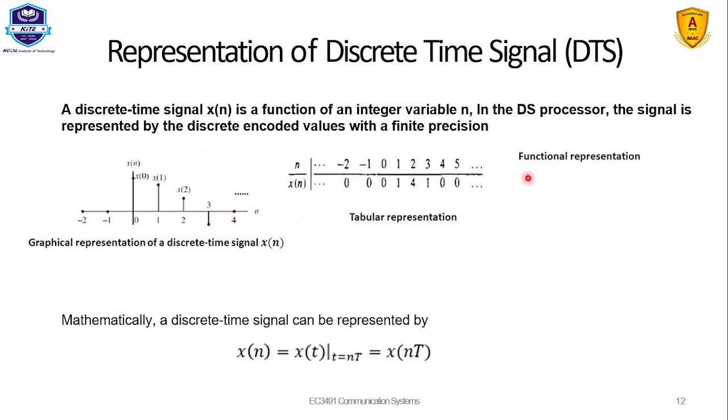And when coming to the functional representation, any signal can be represented in terms of an equation. So x of n here, what they have written is, if you are drawing this signal, it will be x of n value for n, and for n equal to 1 and 3 the value is 1. Already these signals we have drawn here.